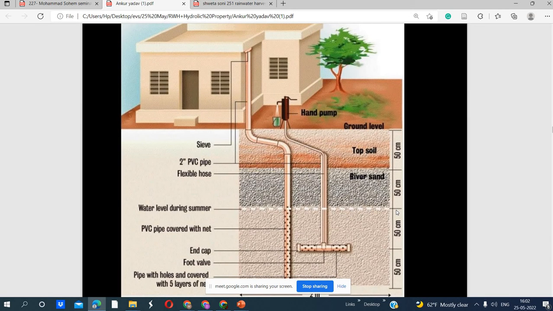Can you explain this figure? What is this? Ankur, can you explain this figure? There are multiple times in the tank or river for the purpose of.